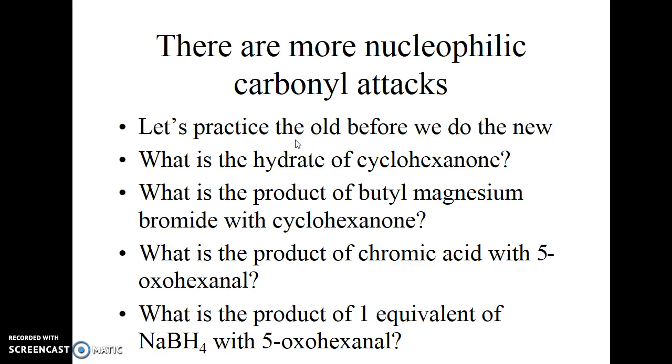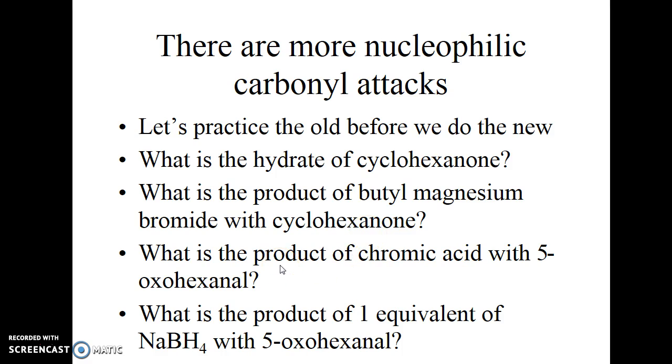There are more nucleophilic carbonyl attacks that we're going to go through, but right now I want to make sure that you know how to practice these old reactions before we do the new. So the first thing that we're going to do is the hydrate of cyclohexanone, and then the product of butyl magnesium bromide with cyclohexanone.